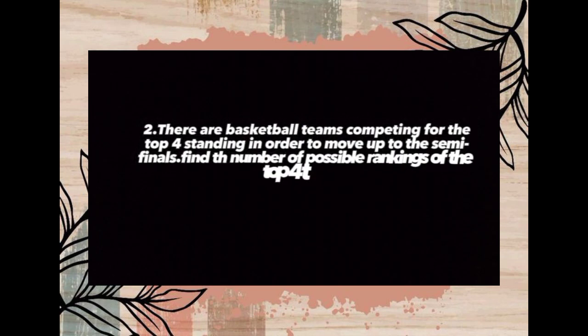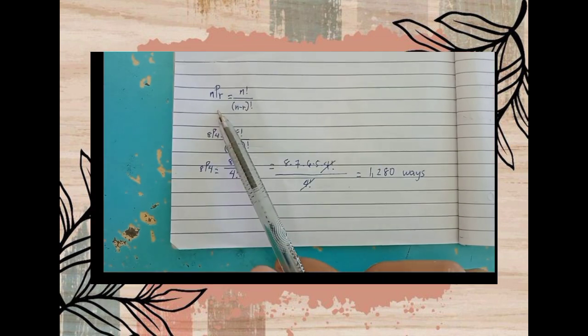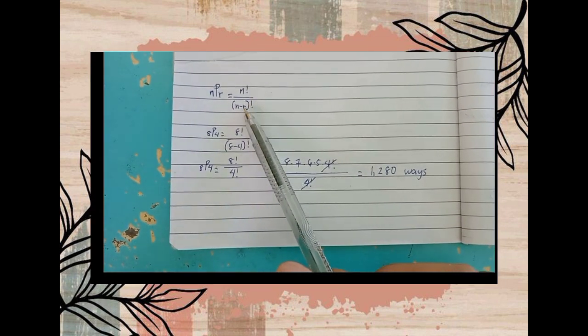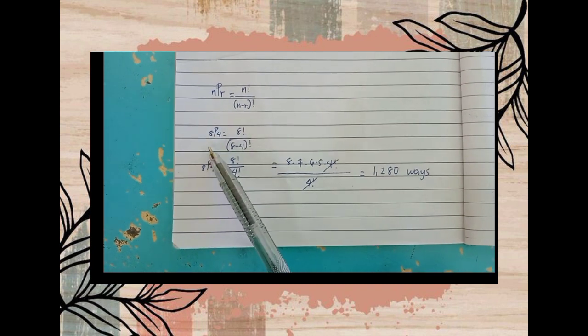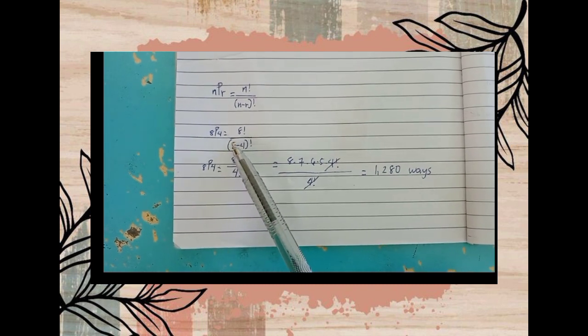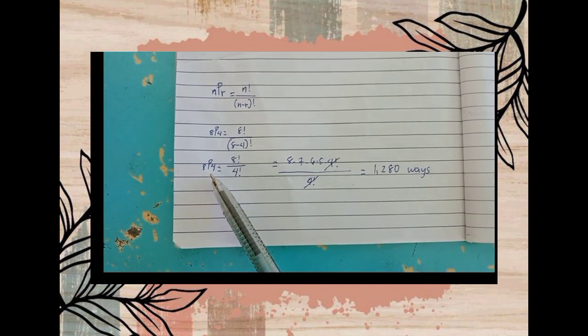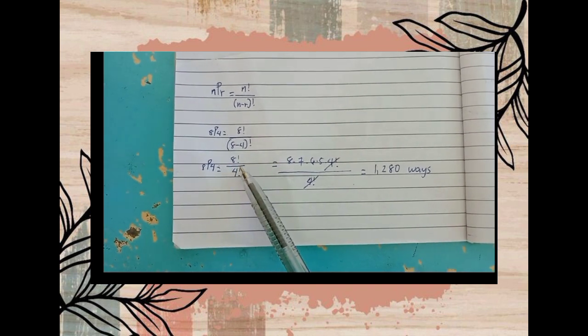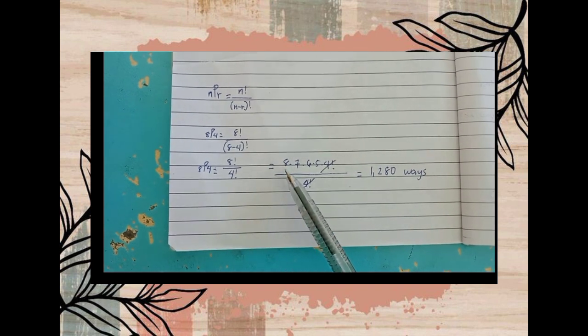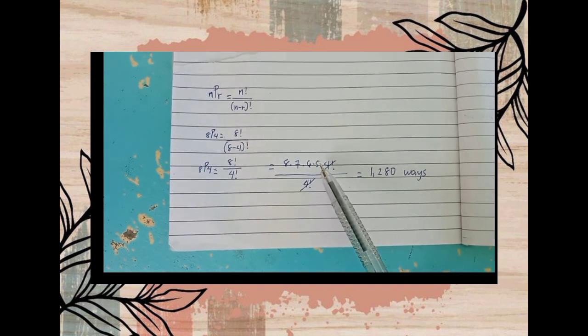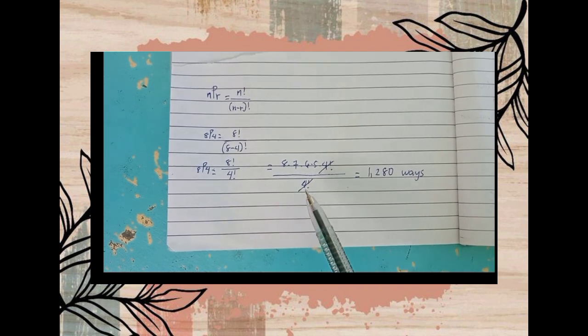Basketball teams are competing for the top 4 standings in order to move up to the semi-finals. Find the number of possible rankings of the top 4 teams. nPr equals n factorial over n minus r factorial. 8P4 equals 8 factorial over 8 minus 4 factorial. 8P4 equals 8 factorial over 4 factorial equals 8 times 7 times 6 times 5 times 4 factorial over 4 factorial.